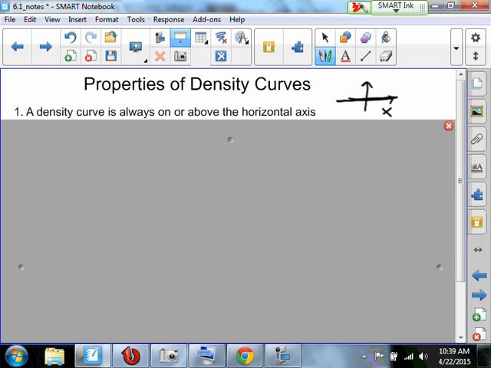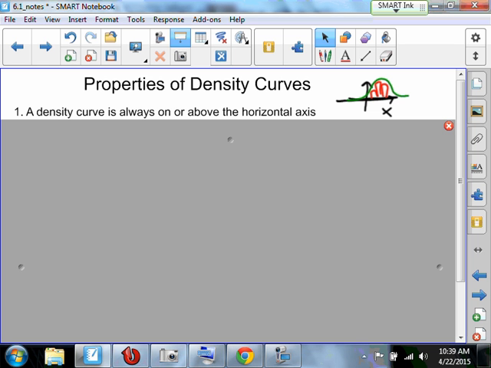So when we talk about this density curve, what we're really looking at is the fact that that curve is going to be either on or above that axis. Okay, so that's the first of 2 properties of density curves. The curve itself is going to be on or above the horizontal axis.